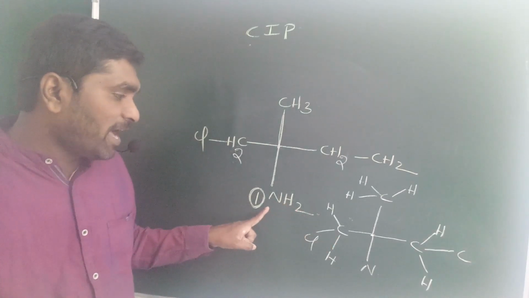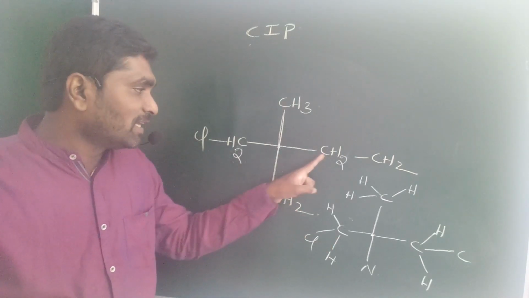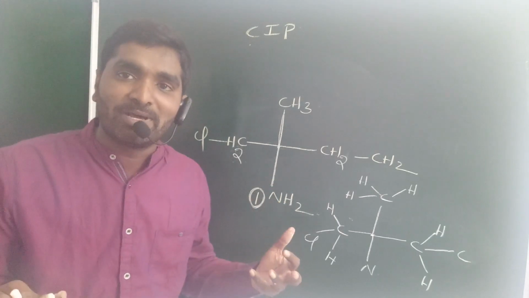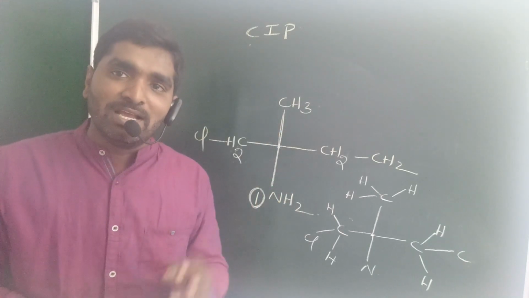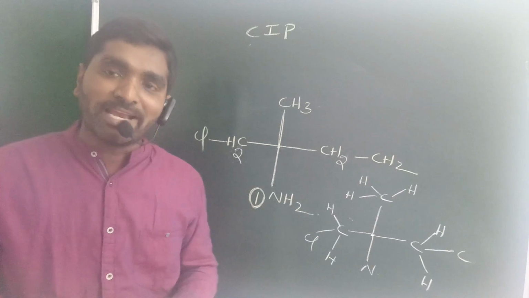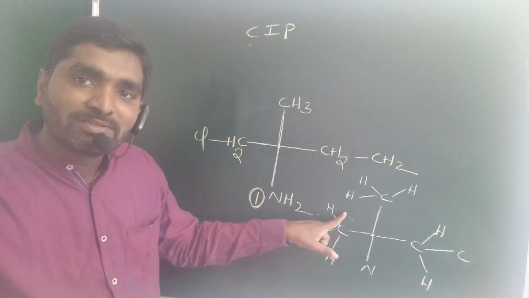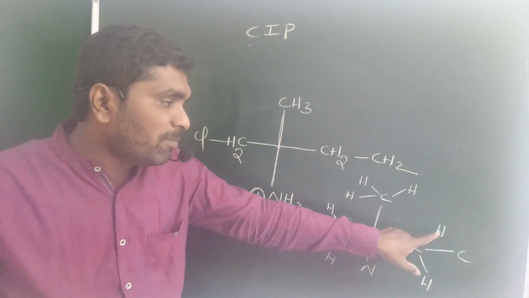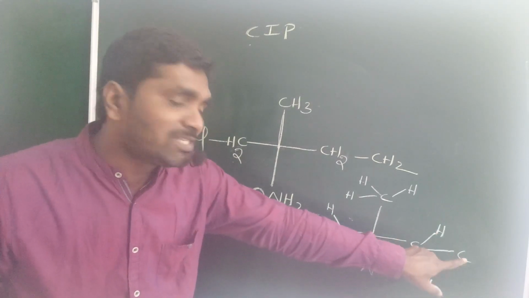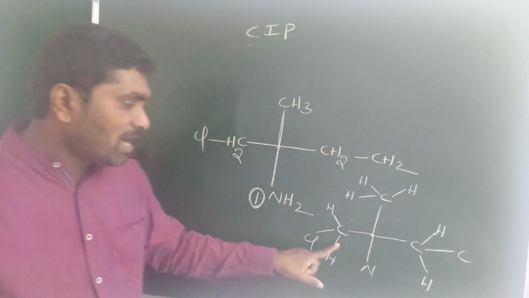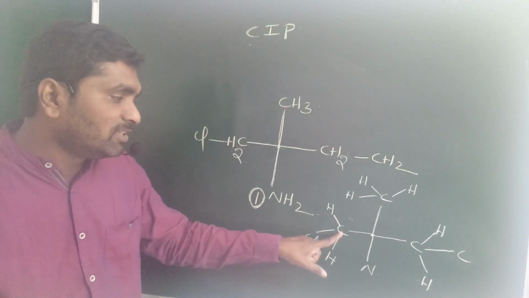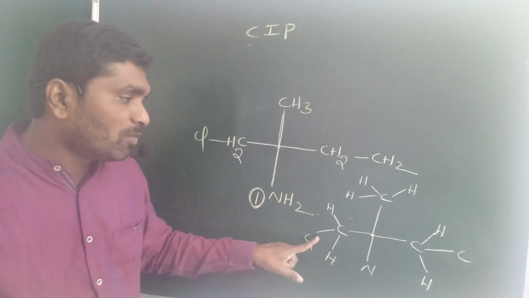Okay. The first priority goes to the nitrogen. Compared with carbon, nitrogen has a higher atomic number. No problem. Next, second one. This carbon is bonded with 3 hydrogen atoms. The right side carbon is bonded with 2 hydrogen atoms and 1 carbon atom. And the left side carbon is bonded with 2 hydrogen atoms and 1 chlorine atom.